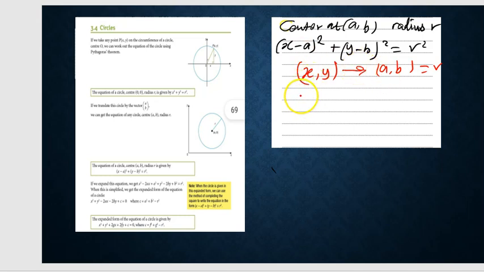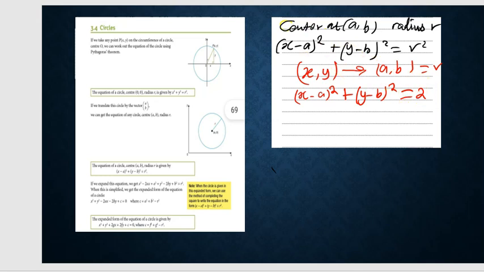We simply have the square root of (x minus a) squared plus (y minus b) squared, and this is equal to r.